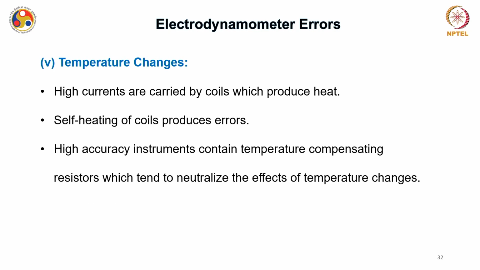And the final error source is temperature itself, where the high current flowing in the coil is responsible for a self heating effect, and because of this, temperature errors are introduced. High accuracy instruments contain temperature compensating resistors which tend to neutralize the effect of temperature changes.